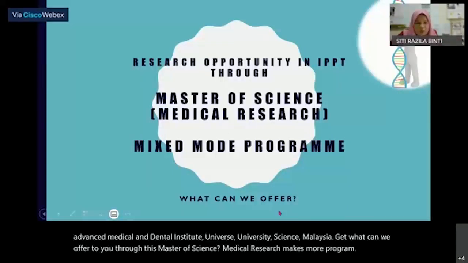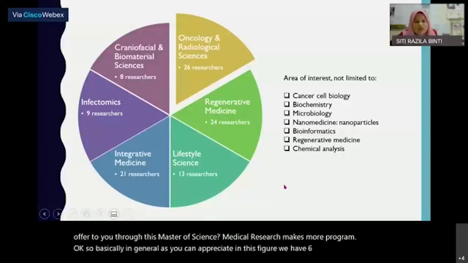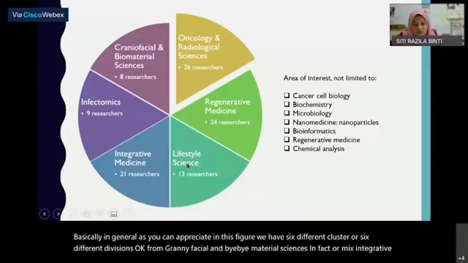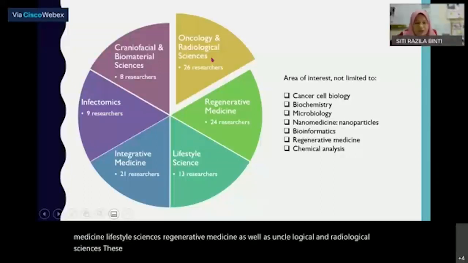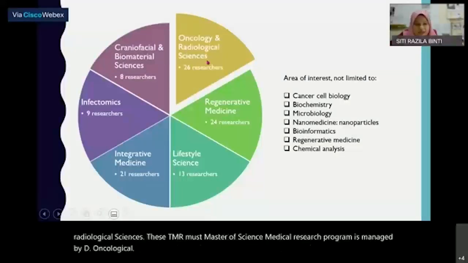In general, as you can see in this figure, we have 6 different clusters: craniofacial and biomaterial sciences, infectomics, integrative medicine, lifestyle sciences, regenerative medicine, as well as oncological and radiological sciences. This program is managed by the Oncological and Radiological Sciences cluster.